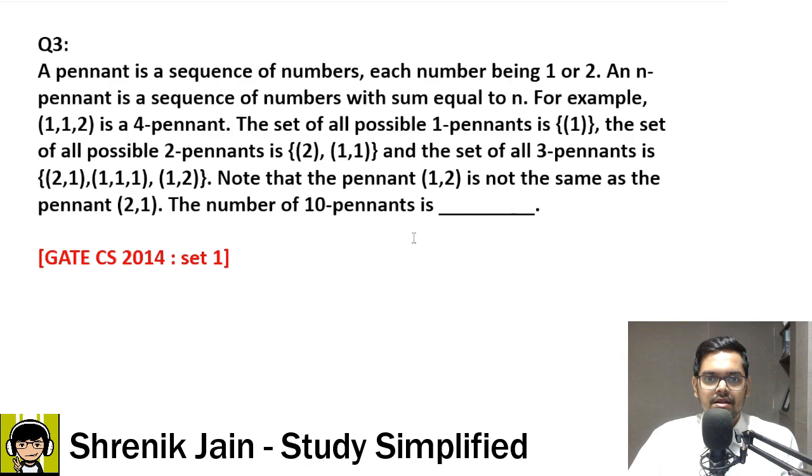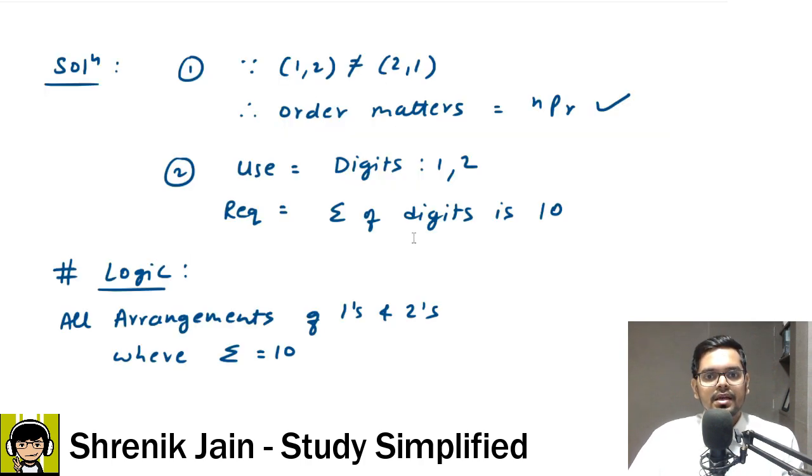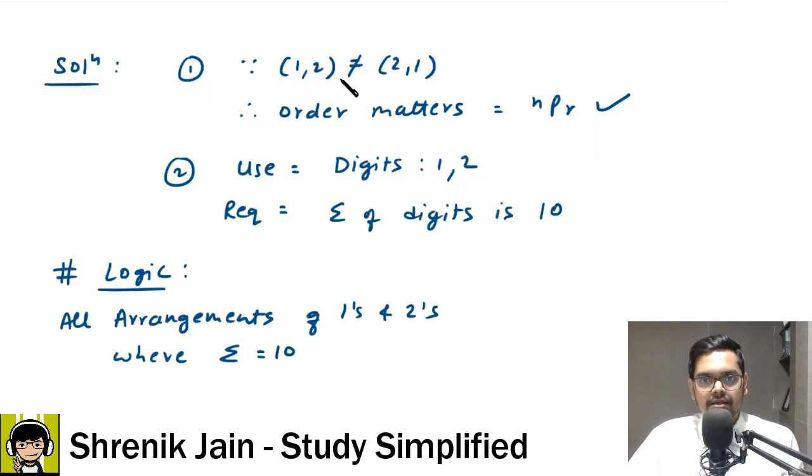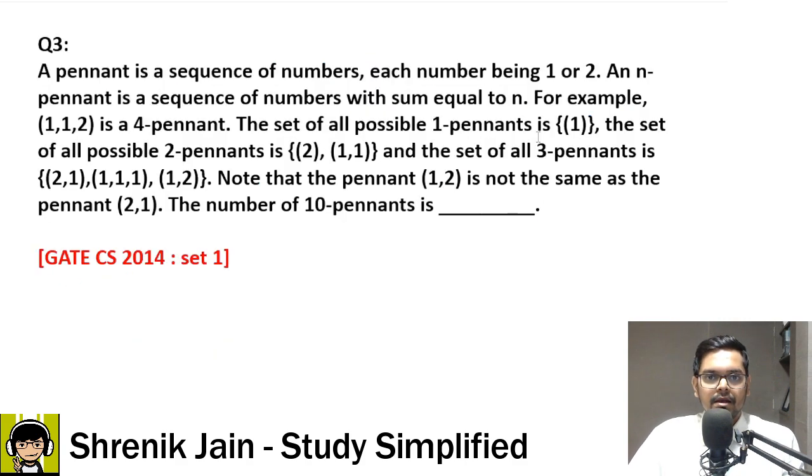Use logic to get the answer. First of all, write down the criteria. First, 1, 2 is not the same as 2, 1. This indicates order matters, and order matters means a permutation question, not a combination question. Now second thing, we have to use only digit 1 or digit 2.